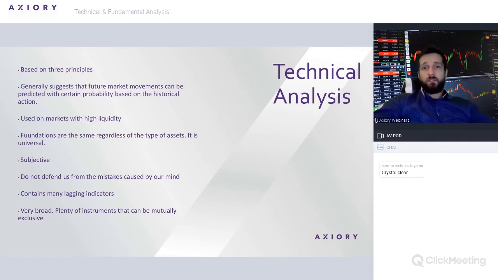In a nutshell, market charts are creating some patterns, and when you spot one particular pattern, you can assume that the upswing is more probable, for example, or downswing is more probable. Okay, and there are various patterns that you can look for, and you can consider, and you can trade based on that.